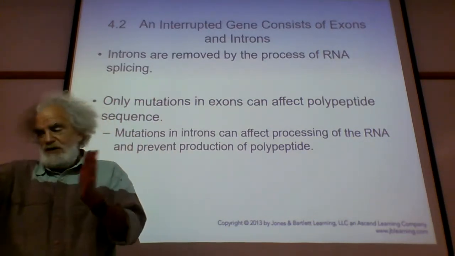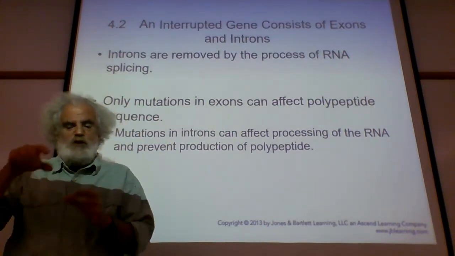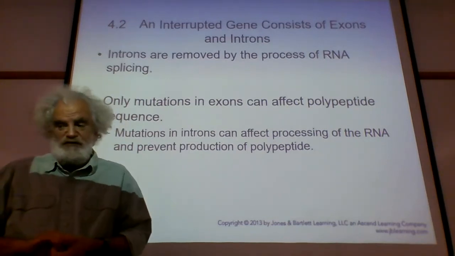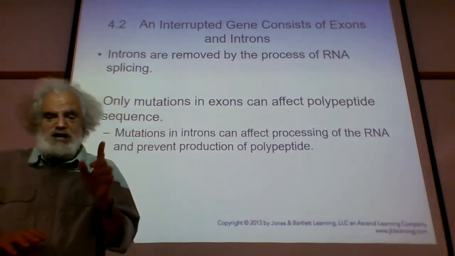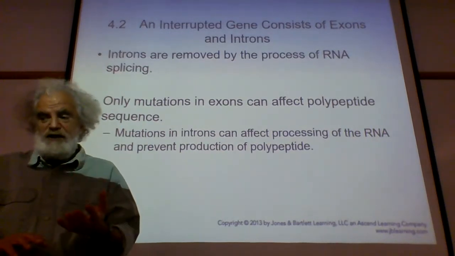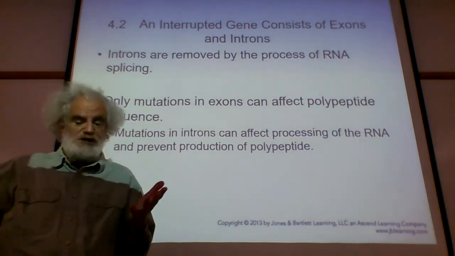It's going to be just contiguous. And as we'll see here, introns will almost always change the reading frame and introduce a number of stop codons. So mutations in introns can affect the RNA processing, and that is how they can actually function as a mutation.